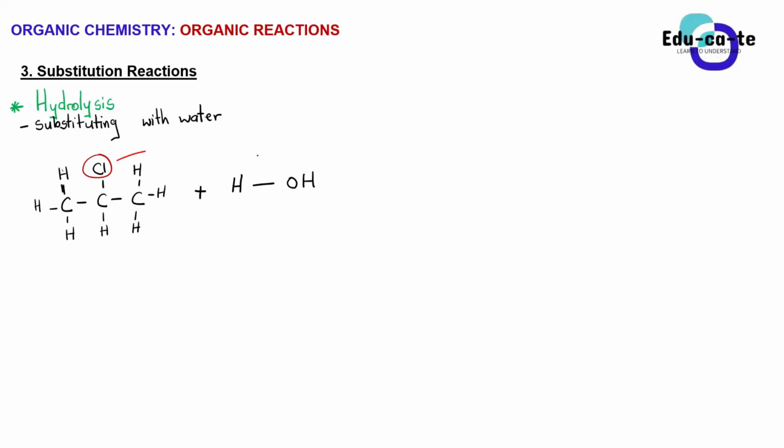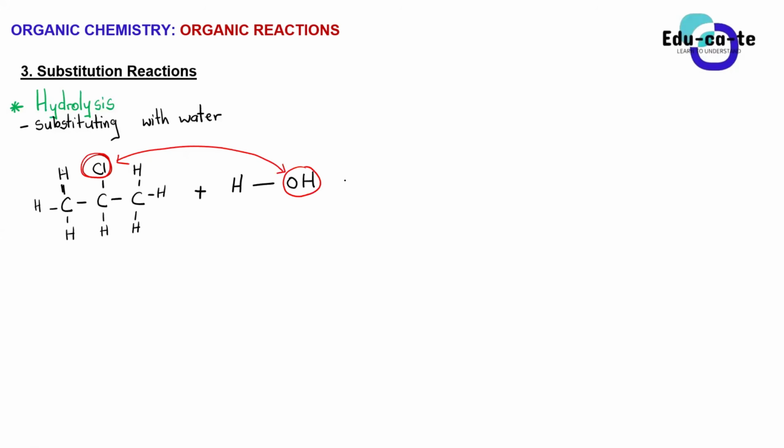We are going to replace Cl with OH. So where there is Cl, I'm going to now put OH, and where there is OH, I'm going to put Cl. So I'm just exchanging them. But in other words, I'm actually replacing the Cl with OH. This is known as hydrolysis.